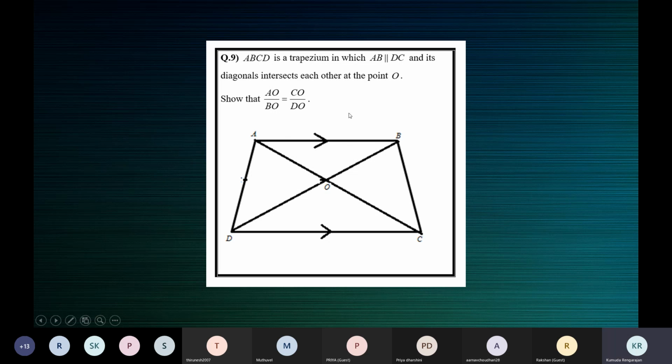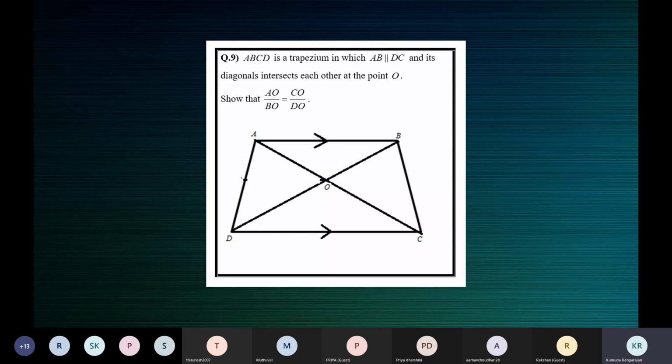So in words, we say that in a trapezium, the diagonals divide each other proportionally. You can just have a statement like this to be proved.